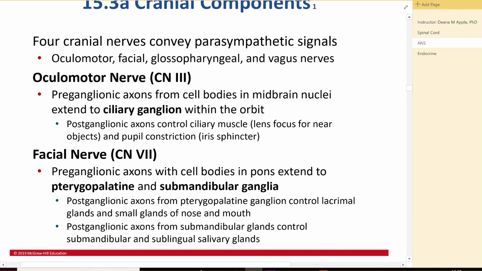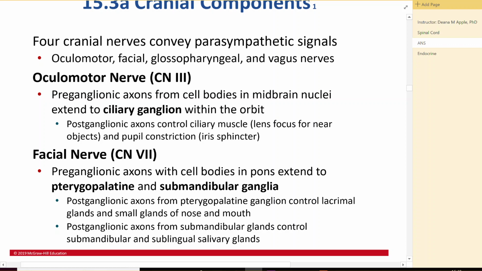The facial nerve will extend into the pterygopalatine and submandibular ganglia. These are originating in the pons. Where was the pons? It's the bump on the back of your brainstem. As soon as you start to see that widening of the brainstem, that's the pons. So this is going to control the lacrimal glands. What were those?